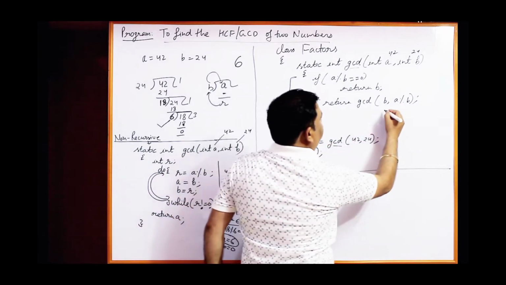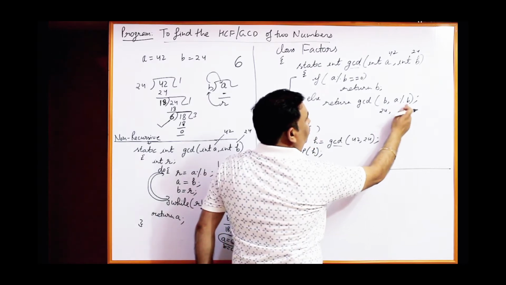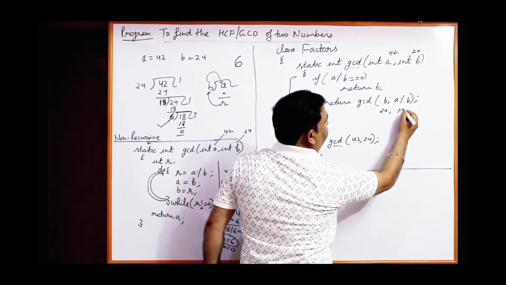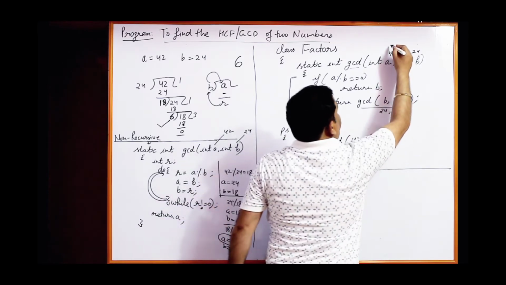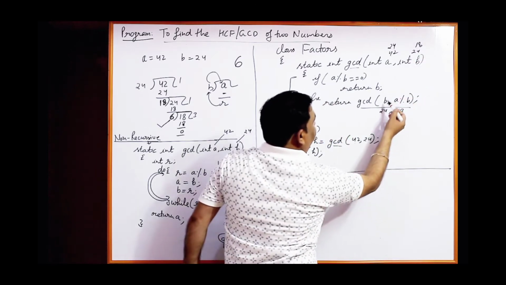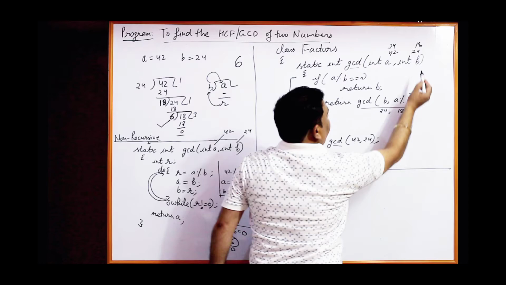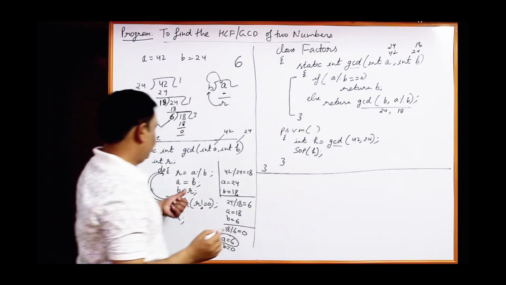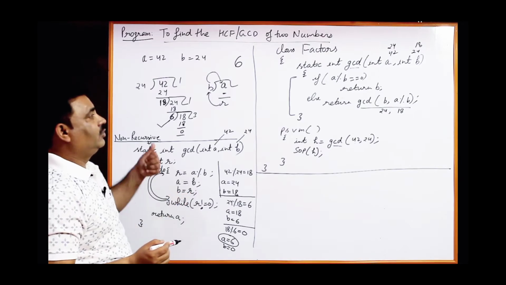What is the value of B? B is now 24 and A modulus B, 42 modulus 24, will be 18. So in the second function call of GCD, A will be 24 and B will be 18. It means the value of B is transferred to A and the remainder is transferred to B.